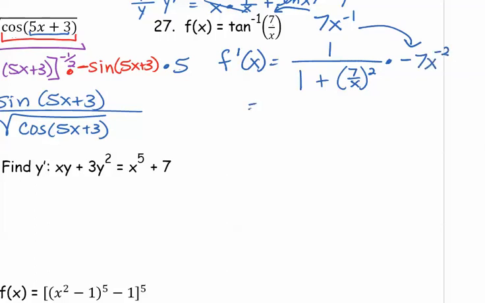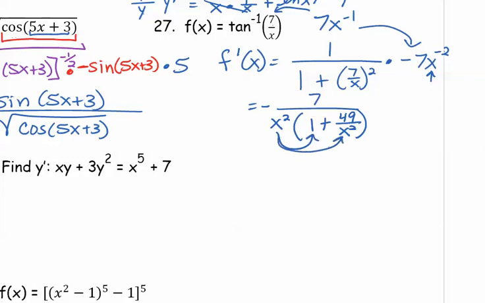So let's think how we can rewrite this function. I'm forgetting about the negative 7 here. Let's put the 7 in the numerator, and x to the negative 2 is x squared in the denominator. And you don't have to show this step. You might go right to the next step.